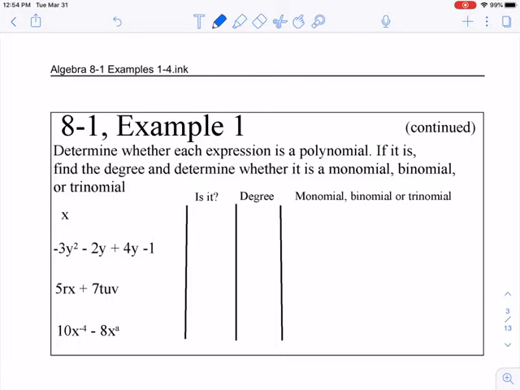Okay, first one, yes, it is a monomial because it is x. It is x to the 1 power, so its degree is 1, and it is one term only, so it would be a monomial. Remember, mono is 1, right? Bi is 2, and tri is 3.